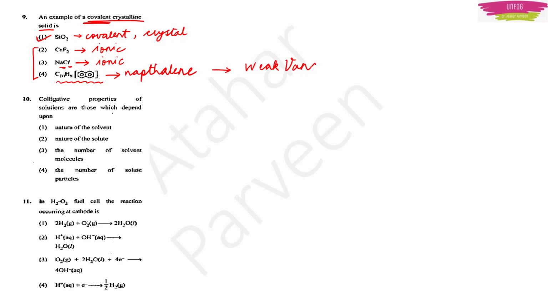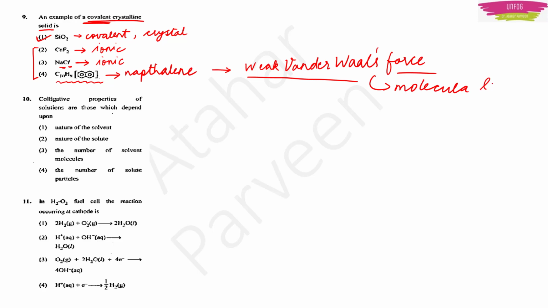They have a weak van der Waals force. Okay, so this weak van der Waals force of attraction makes a molecular bond. So this molecular bond exists between the molecules of the organic compound. They don't have ionic bonding or covalent bonding. So again for the first condition, they cannot be the right answer. So the next three options are not the right answer. The correct option is silicon oxide.